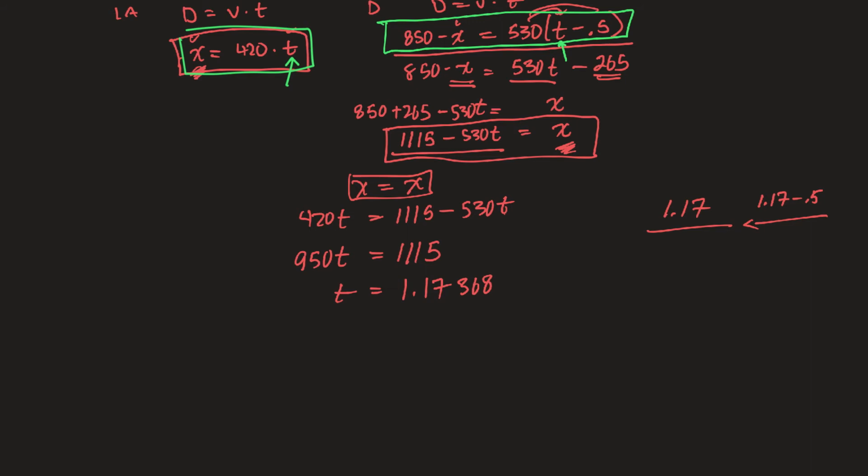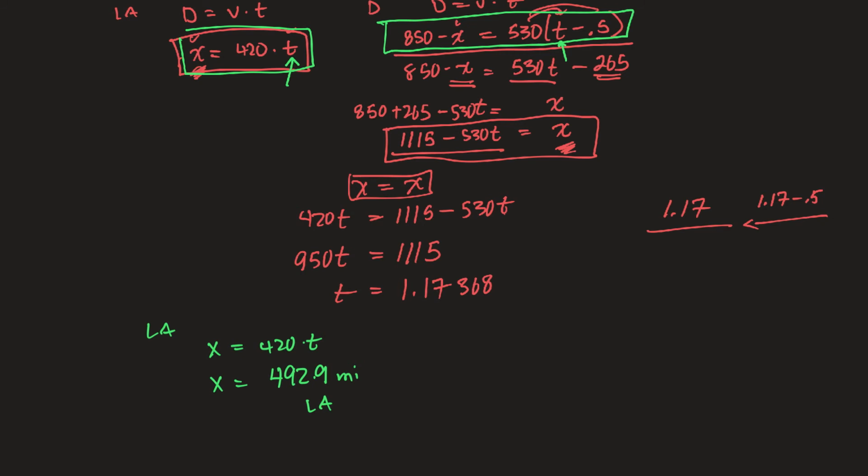So to figure out how far from LA, x is equal to 420 times t. So just take the number I just got on my calculator and times that by 420. So after 1.17 hours, they're going to be 492.9 miles from LA.